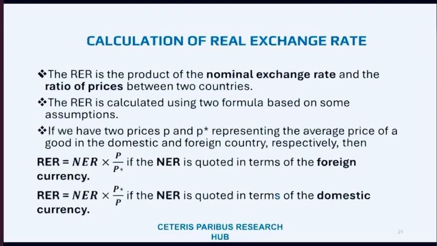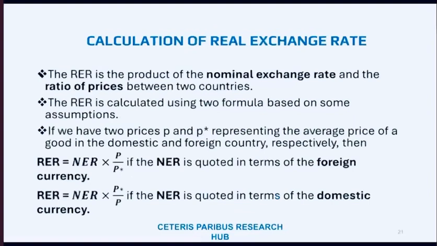So let's see an example. Now assume the exchange rate between the leones and the dollars is one leone will get you 0.00012 dollars, and the price of a sneaker is 10 leones and 5 dollars in Sierra Leone and the United States respectively. Given that the leone is the domestic currency and the dollar is foreign, I want to calculate the real exchange rate and interpret its value.